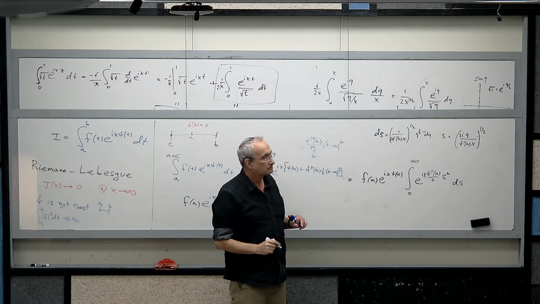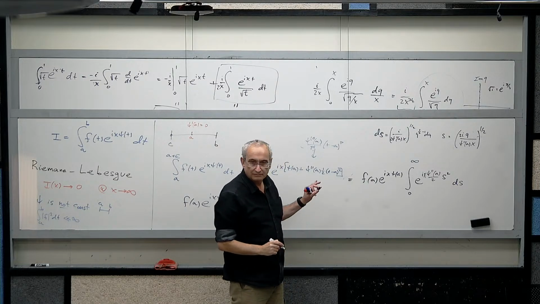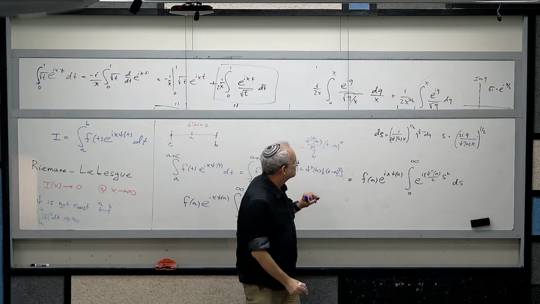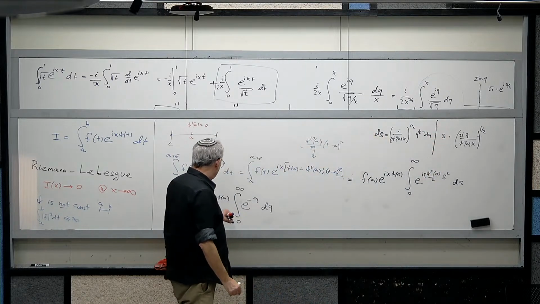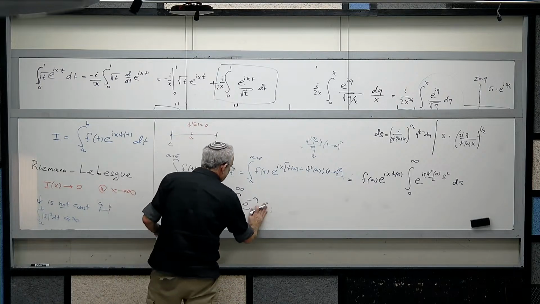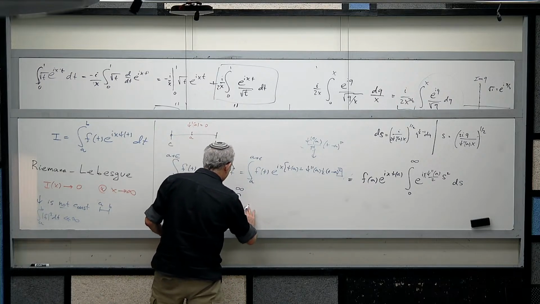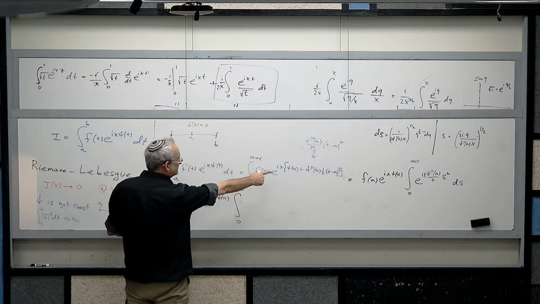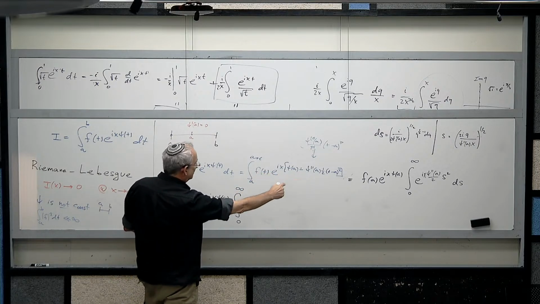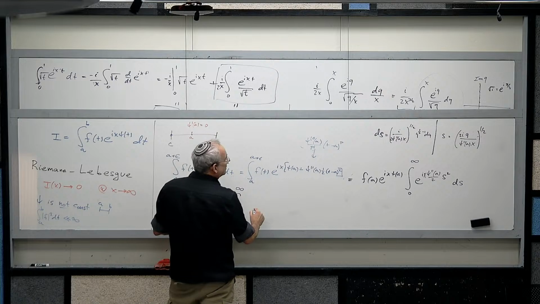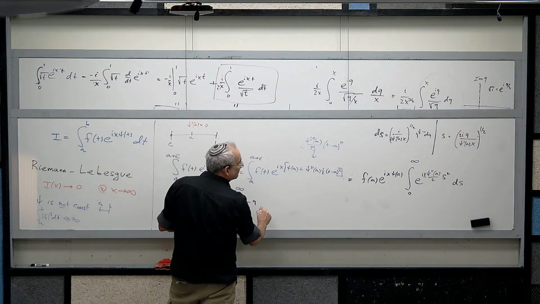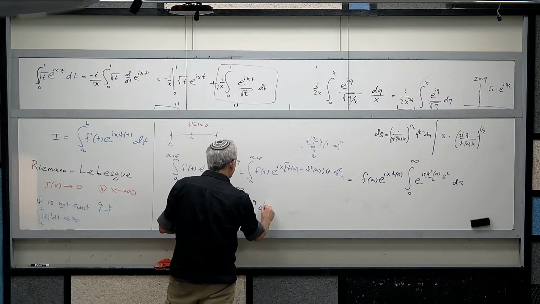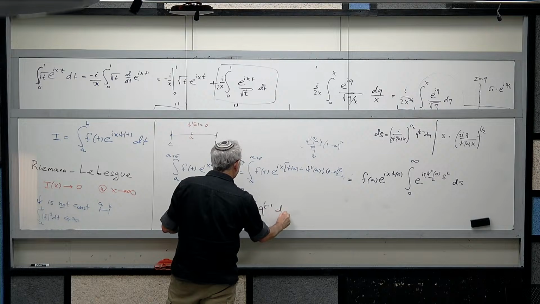Now, how can you enter the 2? You had 2 on the numerator, so you get a gamma function. What I have here is f of a, e to the i psi of a from the outside. Now I have e to the minus q, q to the 1/2 minus 1 dq.